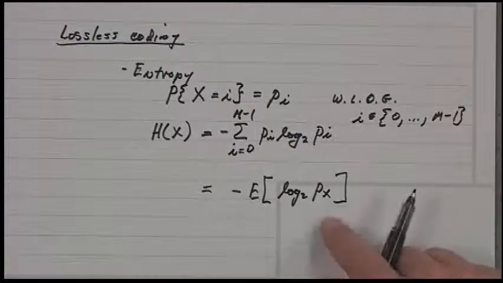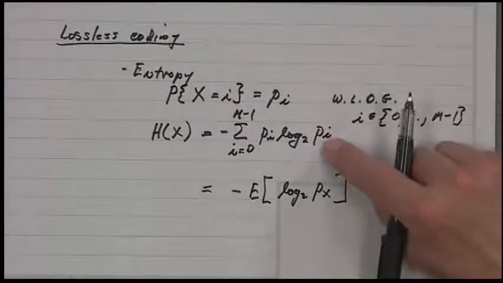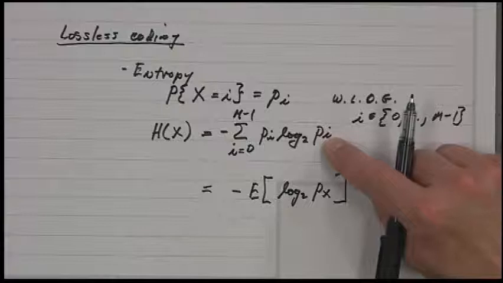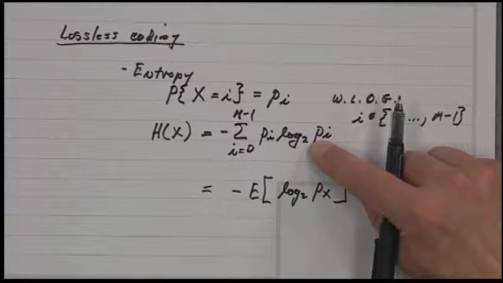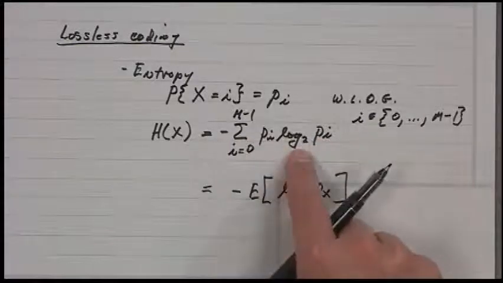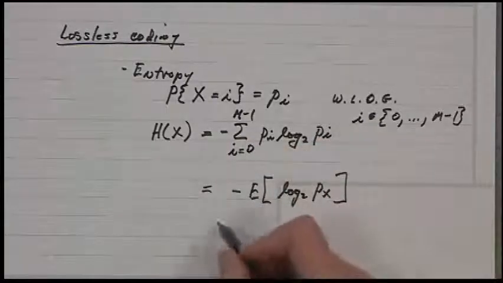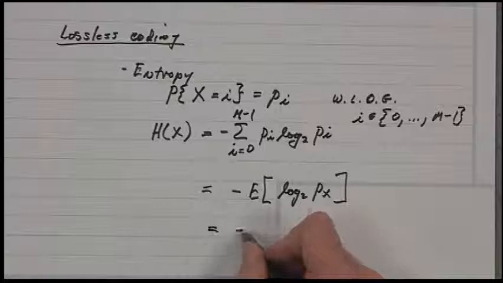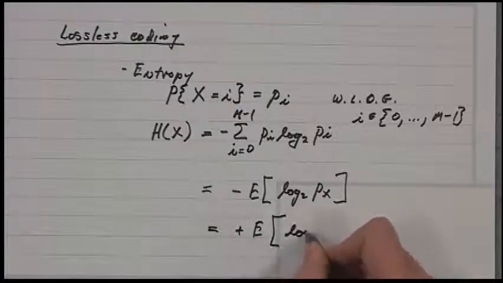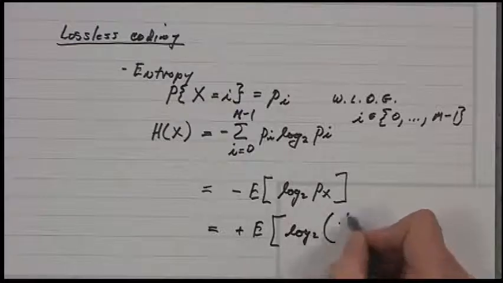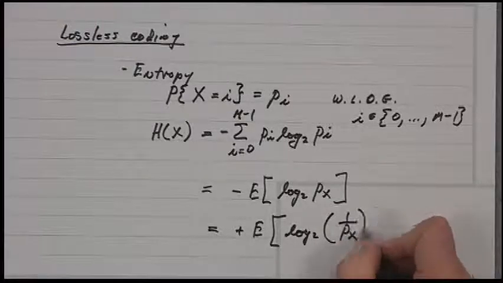So this is the expectation. If p of i is small, then its log will be very negative. So if I take the negative, the log will be very positive. So I guess the other way of looking at this is that it's the expectation of the log base 2 of 1 over p of x.